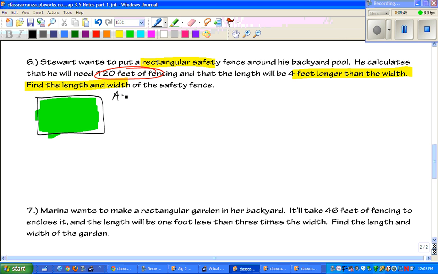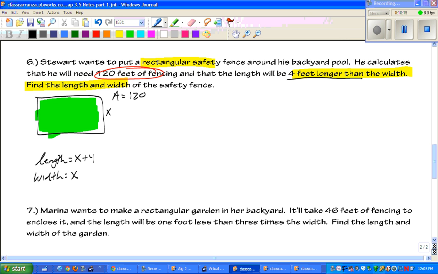And now what they're telling us is the area is 120. But then we need to know what the length is and what the width is. So it says the length will be 4 feet longer than the width. Okay, so the width, if that's x, so here's x, the length needs to be 4 feet longer than that. So that's where the x plus 4 comes in.